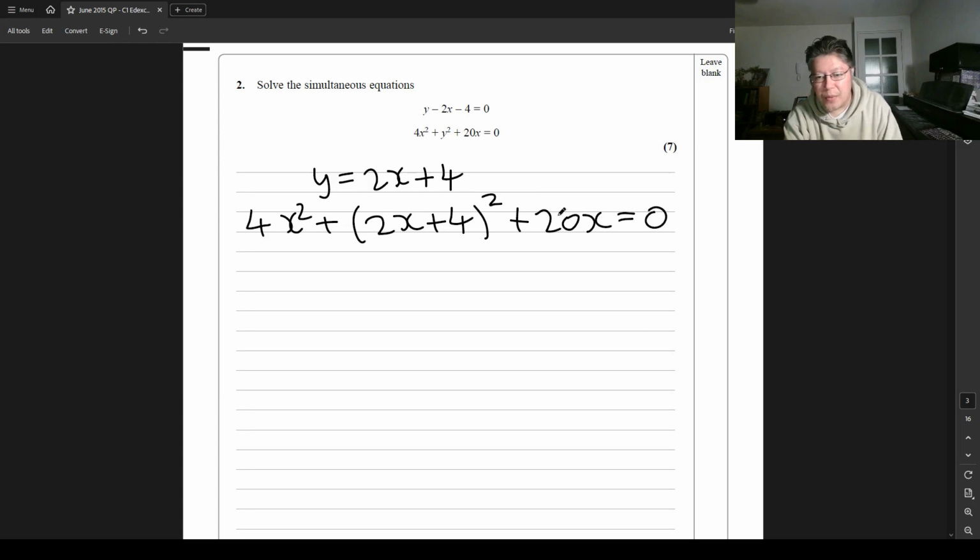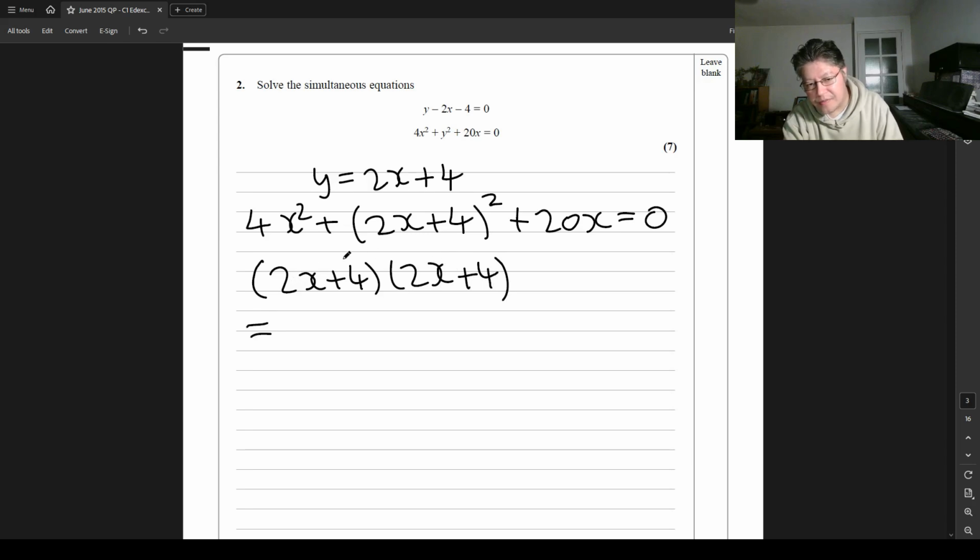Now we have a quadratic equation in x, so we have to simplify this. We'll first work out the term underneath, (2x plus 4) all squared, which is a double bracket. Let's expand this.